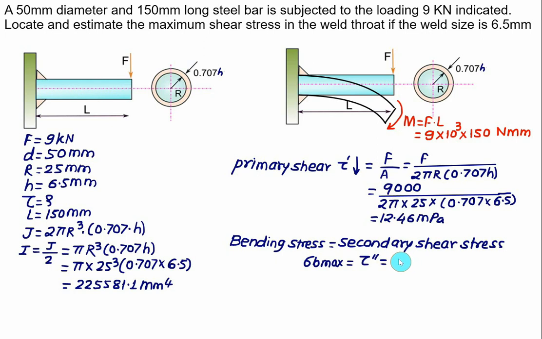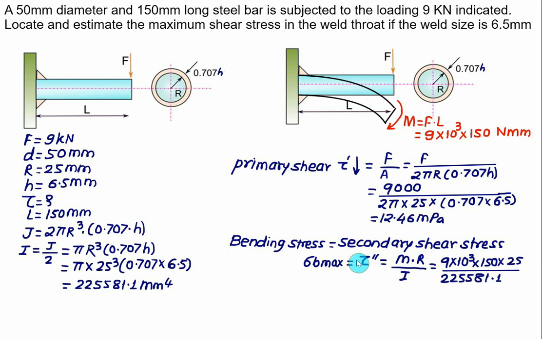The flexure formula is M into y divided by the moment of inertia I. This time the maximum bending stress will occur at distance equal to r, so we have capital R. The bending moment is 9 into 10 to the power 3 into 150, multiplied by the value of R. The value of R is 25, divided by the moment of inertia, that is equal to 225581.1.